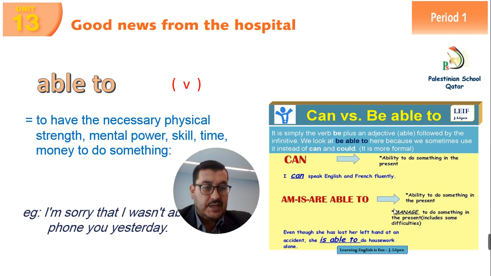While if it is past, we can put was able to, and we can change can to could. For example, even though she has lost her left hand in the accident, she is able to do housework alone. Now let's come to the second word.